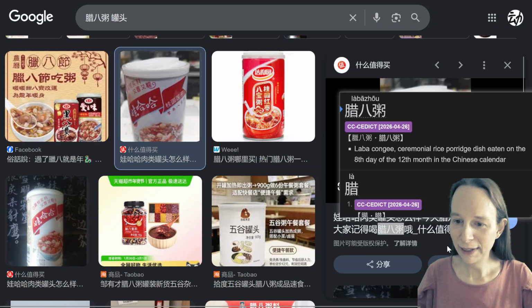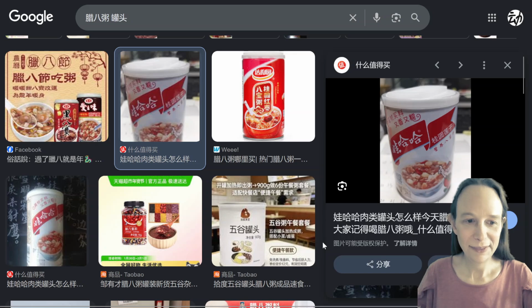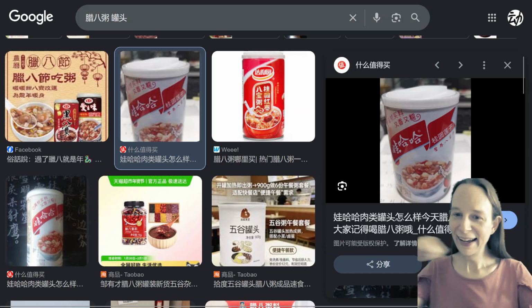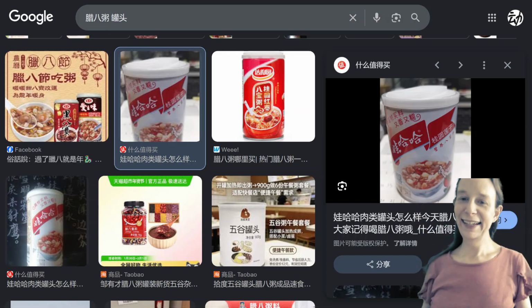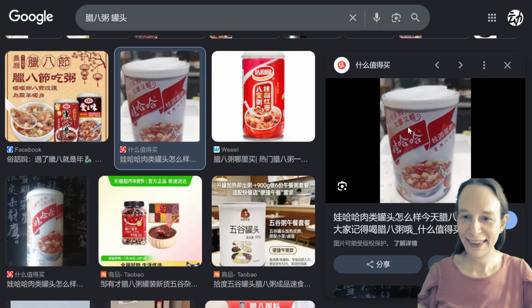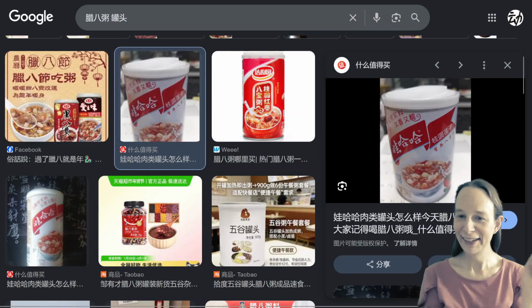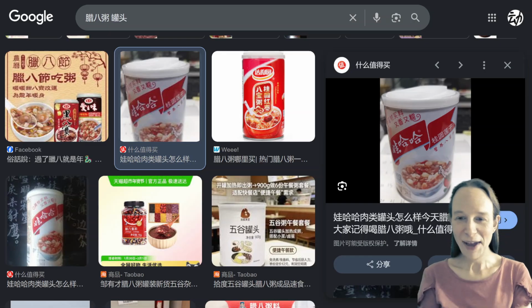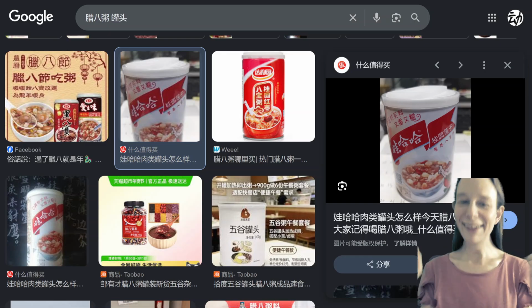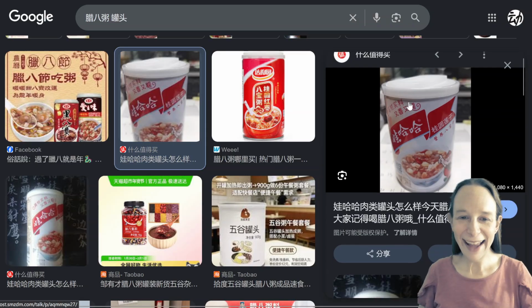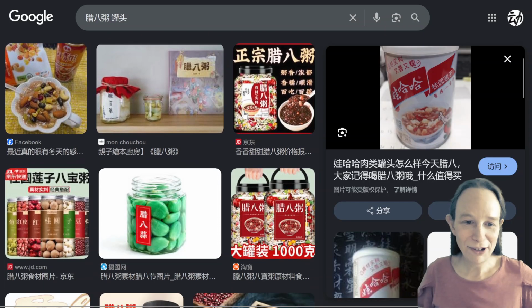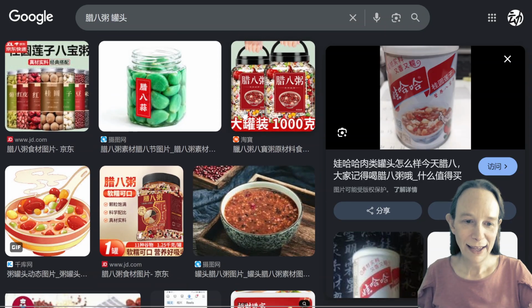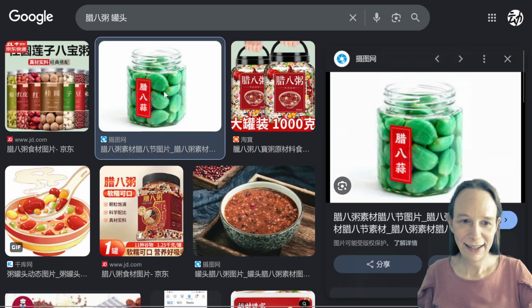Yeah, 腊八粥 here. But I've had this. I had it once when one of my flights was delayed and they had to give us some food and they gave us this. It was a can of this and it was bearable. It wasn't the most pleasant thing to eat, but I ate it. Yeah, 腊八粥. Presumably proper 腊八粥 is better.